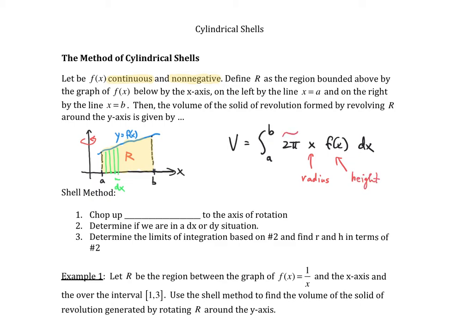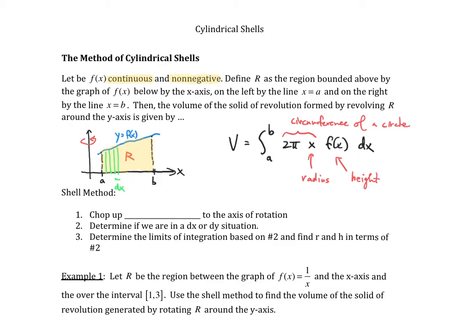And this entire first expression here is the circumference of a circle. So if you can remember how to get the surface area of a cylinder, which is this whole expression here, then you can just multiply by the little bit of thickness to get the volume of the shell.